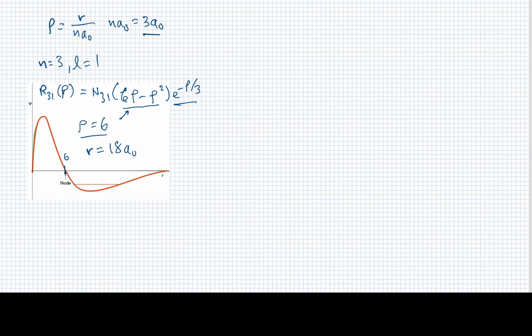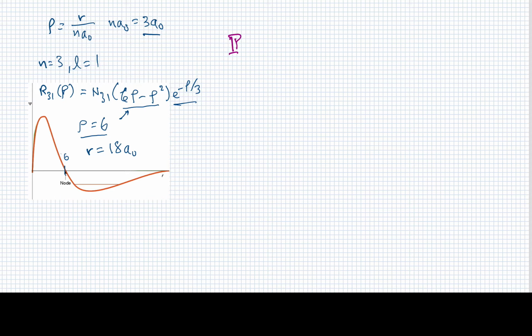Now, this tells us something about where the electron is staying in the wave function, but it's not necessarily going to be a good gauge for where the electron is most likely to be found. I'll remind you that when we do probabilities, the wave function squared is a probability density.